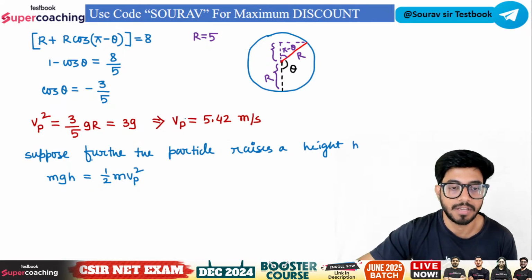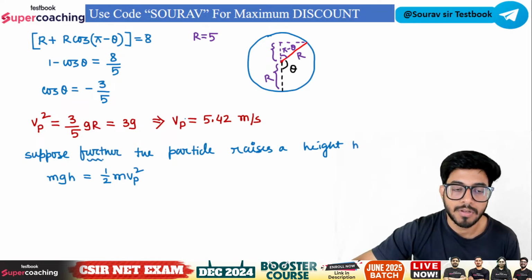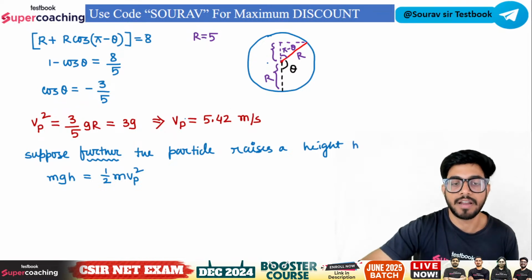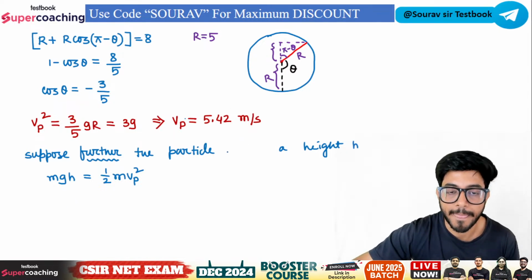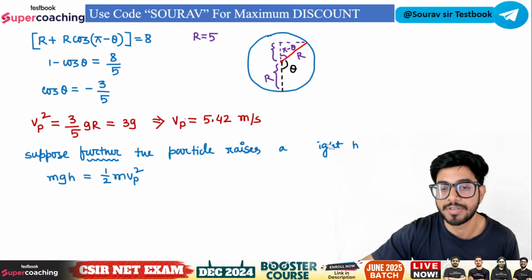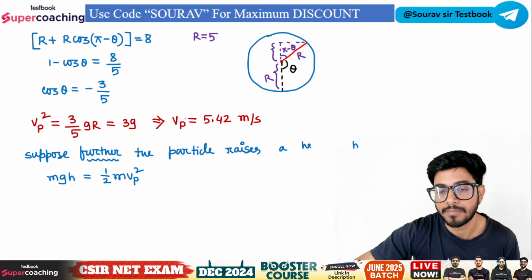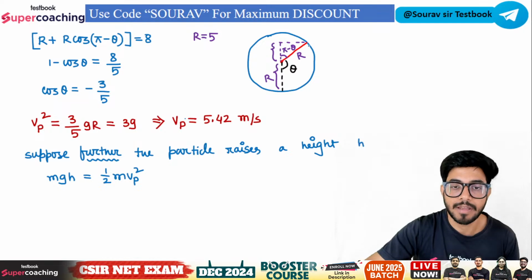So the farther rise of height will be given by this. The particle rises a height h. So mgh should be half mvp square.